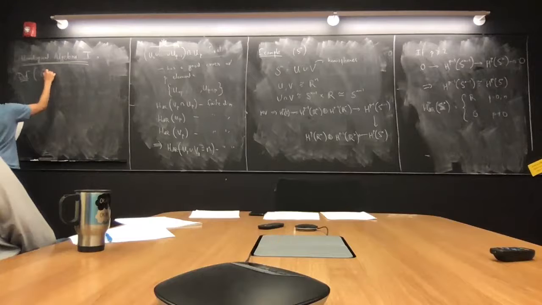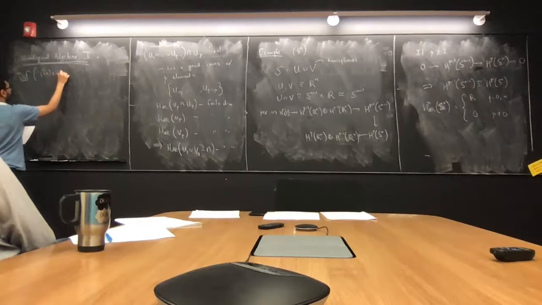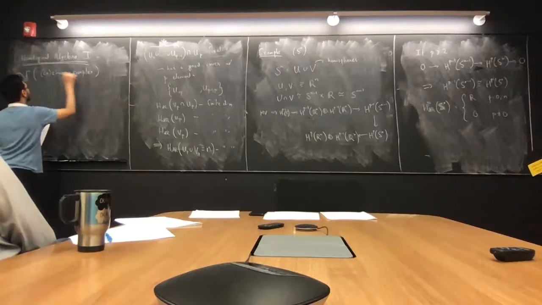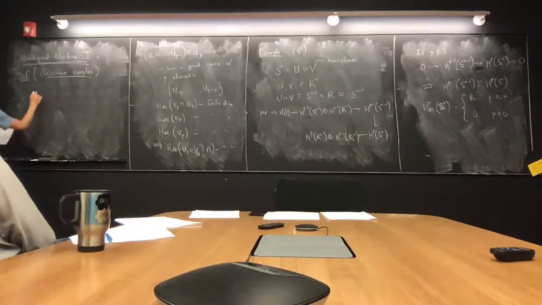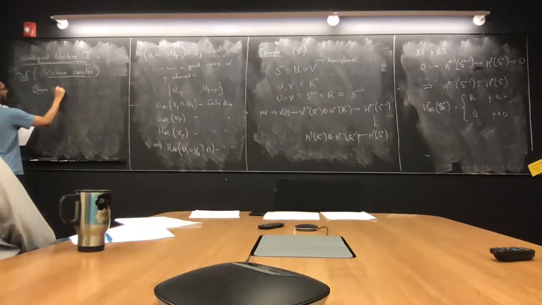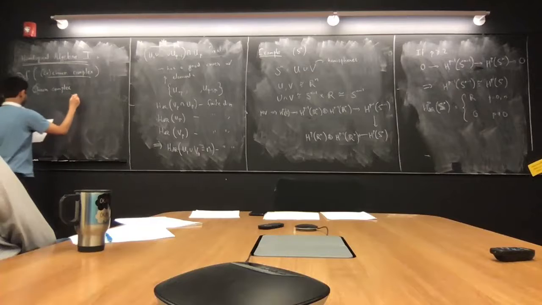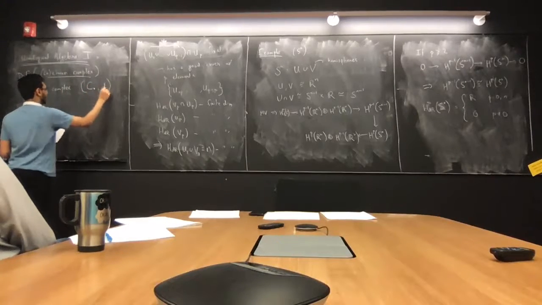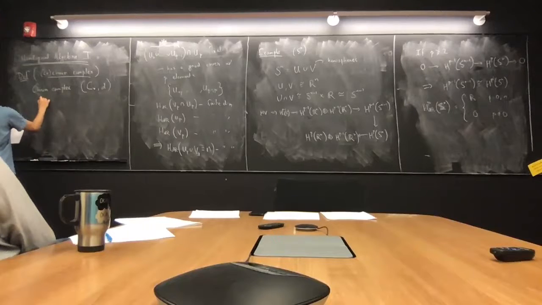So a cochain complex or a chain complex, so for chain complexes, usually denoted by a double C with a dot below it, in an abelian category.